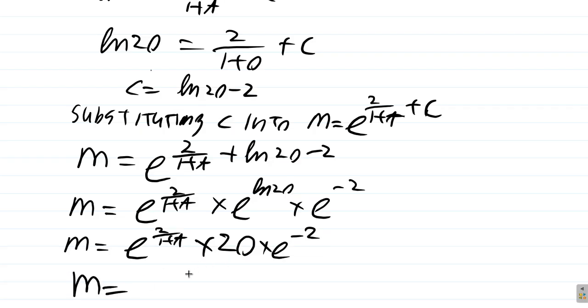Then you can put the 20 out front: 20 e to the 2 over 1 plus t, and then times e to the negative 2. But instead of having 2 e's, just write this minus 2. So that's what you get there: 20e to the 2 over 1 plus t minus 2.